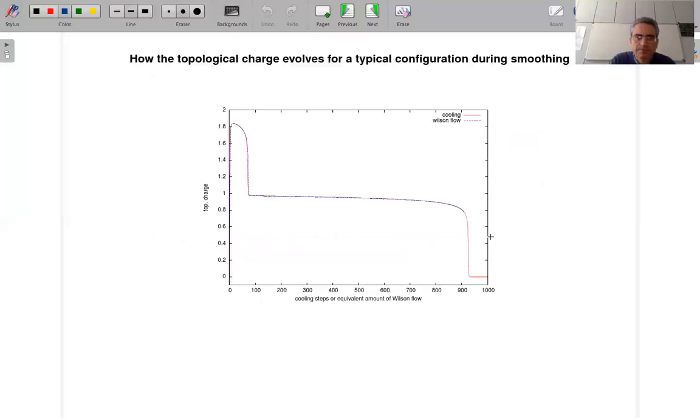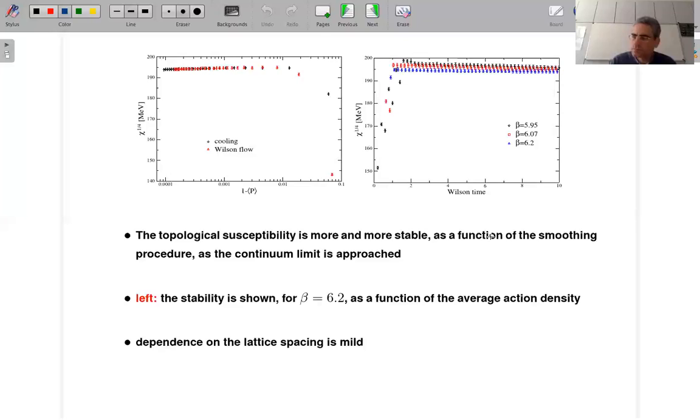More questions? So still concerning this plateau plot here. Conceptually speaking, it's clear to me that when I continue to flow or cool and damp this configuration, at the end I will reach not the local minimum, but the total minimum of the action.